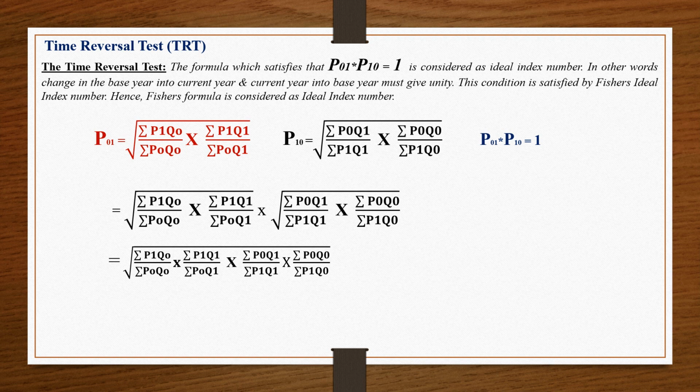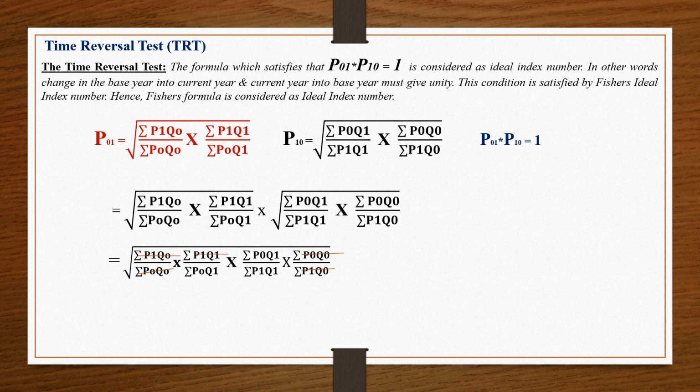So how can we prove this? Whenever there are fractions, we have to observe the numerator and denominator. Whenever the numerator and denominator are the same, we cancel them. Here, summation of P1 Q0 cancels with summation of P1 Q0 in the denominator. The denominator summation of P0 Q0 cancels with the numerator summation of P0 Q0.